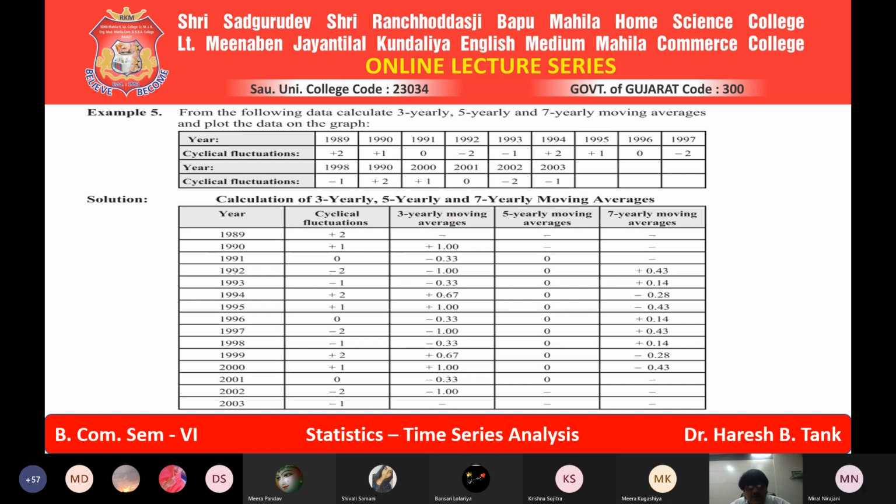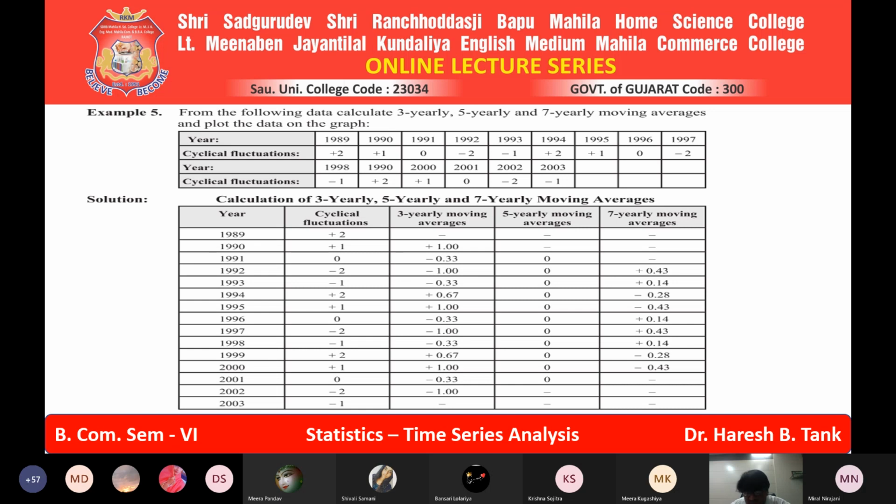The second column would be cyclical fluctuations: +2, +1, 0, -1, -2, -1, and keep on repeating the same 5 elements: 2, 1, 0, -2, -1, putting it in a similar pattern.